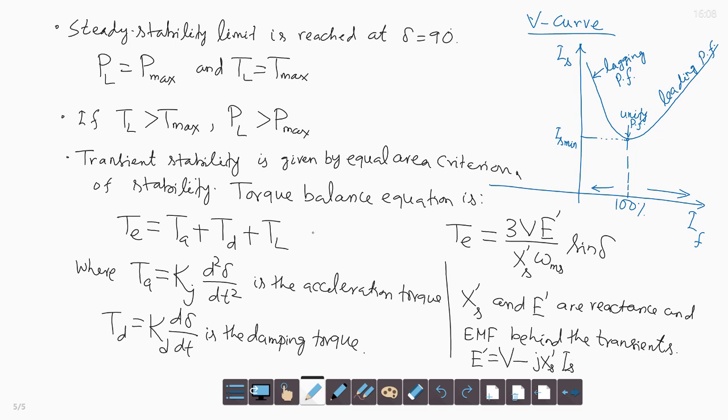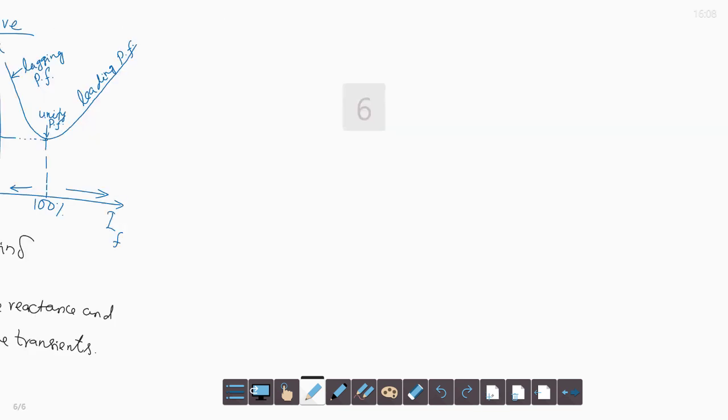So, with that, this torque balance equation can be rewritten like this. The accelerating torque is K j d square delta by dt square, plus damping torque K d into d delta by dt, and electromagnetic torque is T max dash into sin delta, plus load torque equals 0.